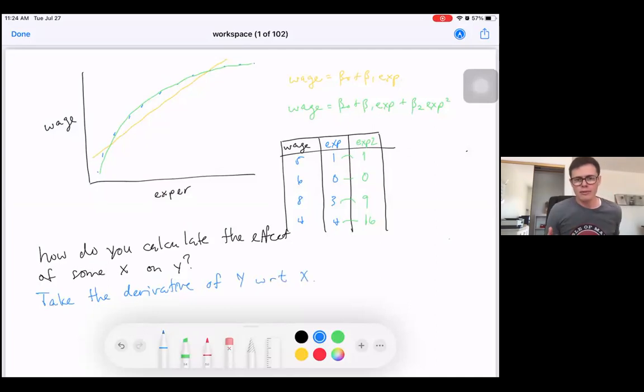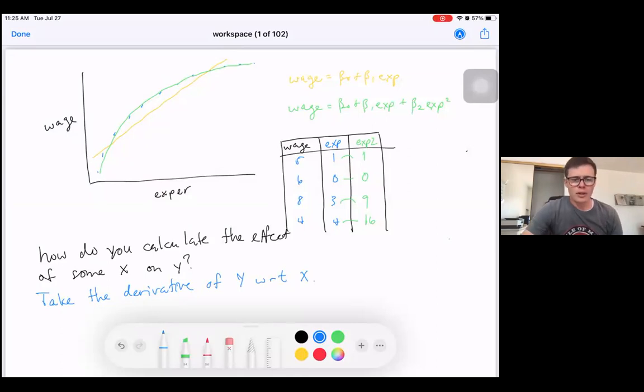And that derivative is the effect of additional x, but in this example it was additional experience. And we did this exact example in class together over a period of several minutes. And I think we also did it in the review.